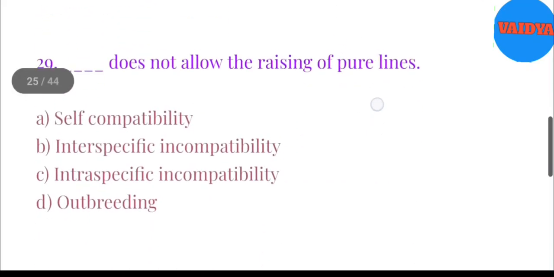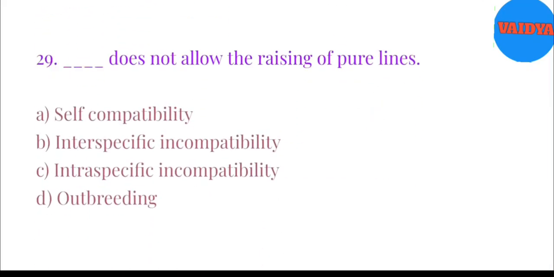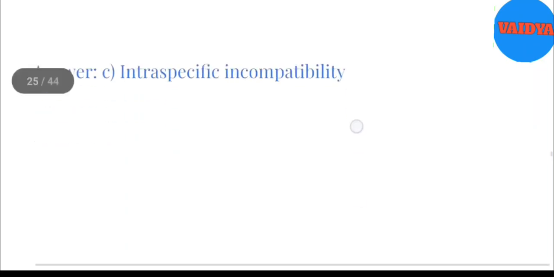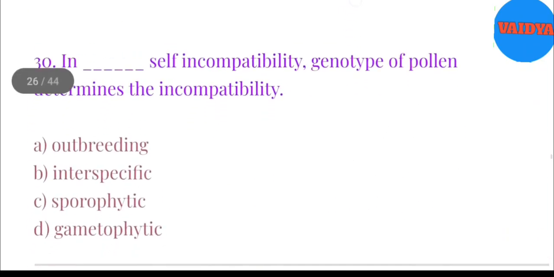30. Dash does not allow the raising of pure lines. A. Self-compatibility. B. Interspecific incompatibility. C. Intraspecific incompatibility. D. Outbreeding. Answer: C. Intraspecific incompatibility. 31. In dash self-incompatibility, genotype of pollen determines the incompatibility. A. Outbreeding. B. Interspecific. C. Sporophytic.